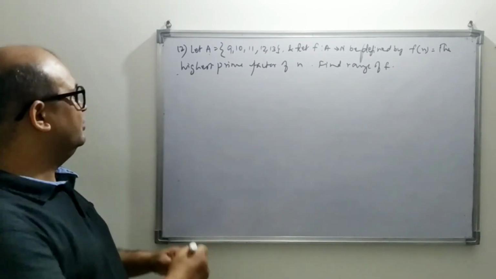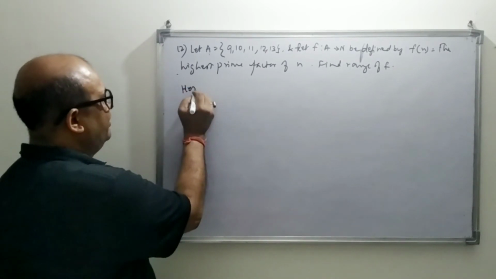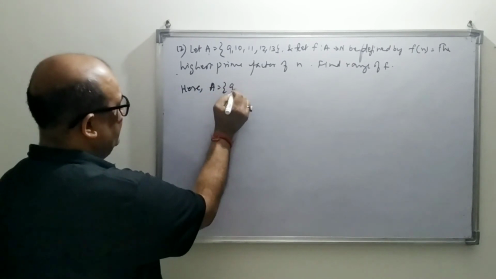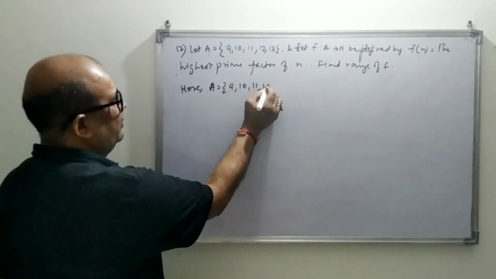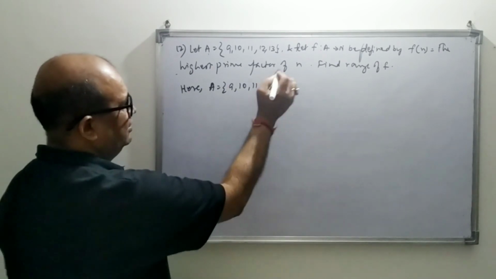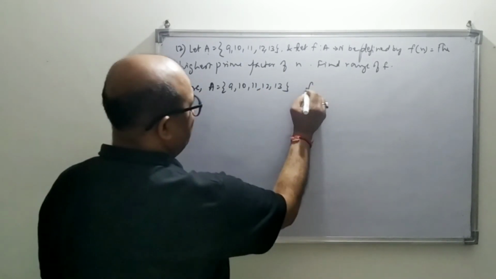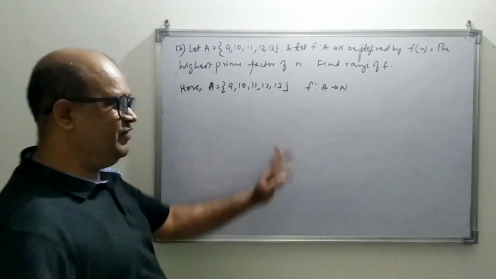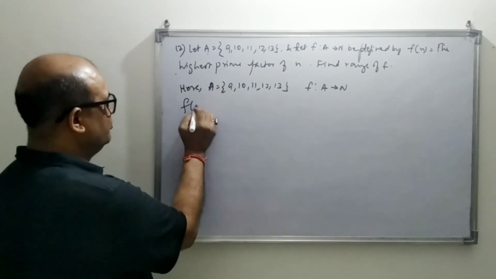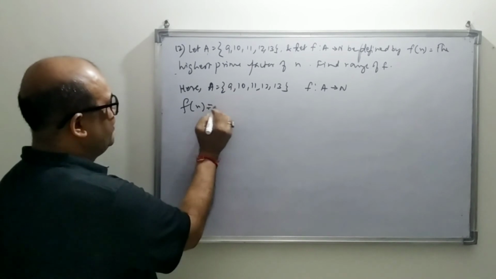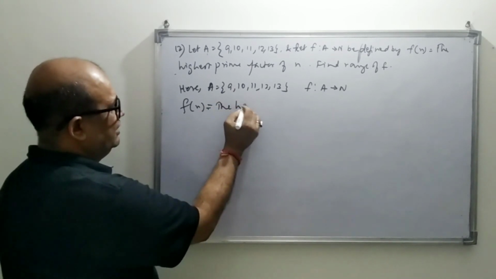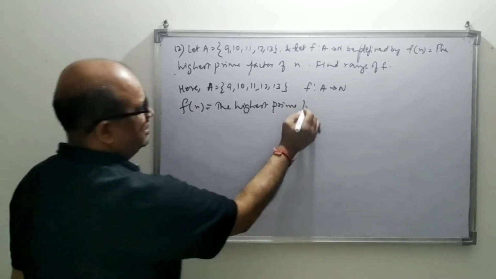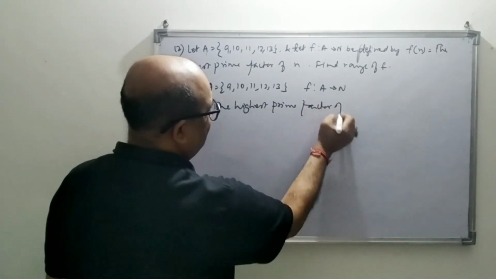So, A equal to {9, 10, 11, 12, 13}, and f from A to N such that f(n) equals the highest prime factor of n.